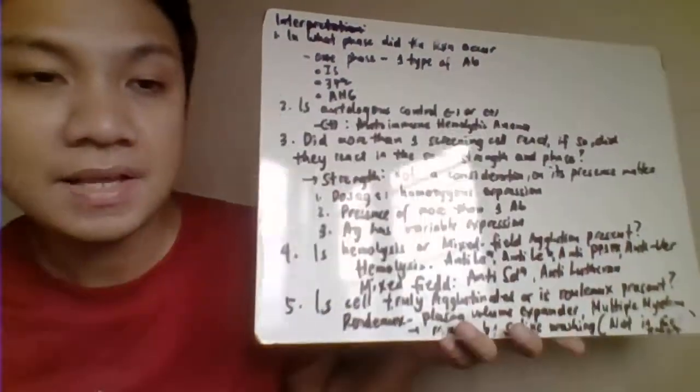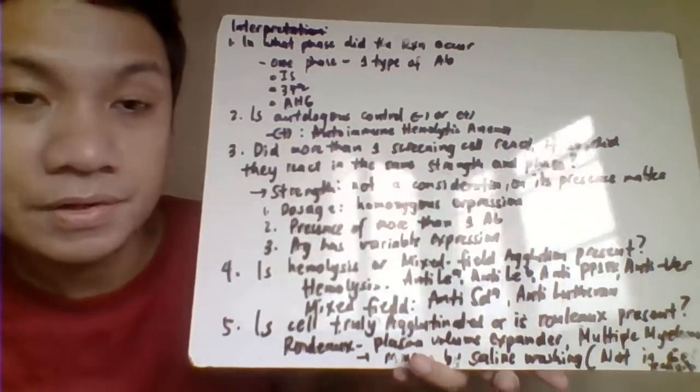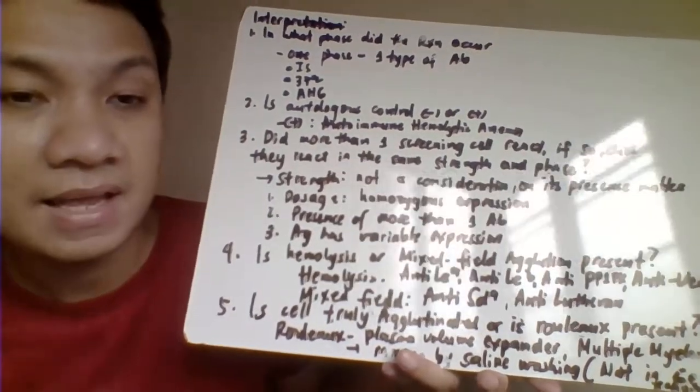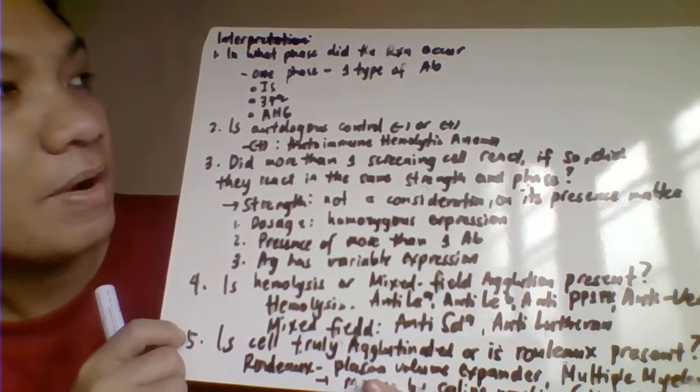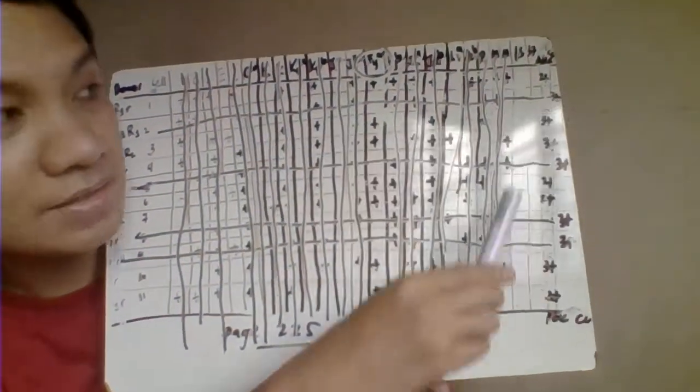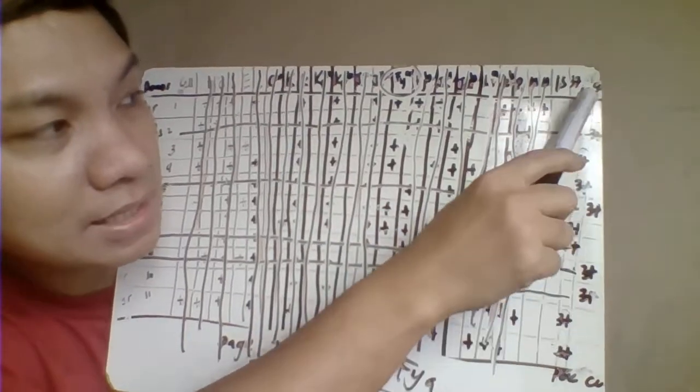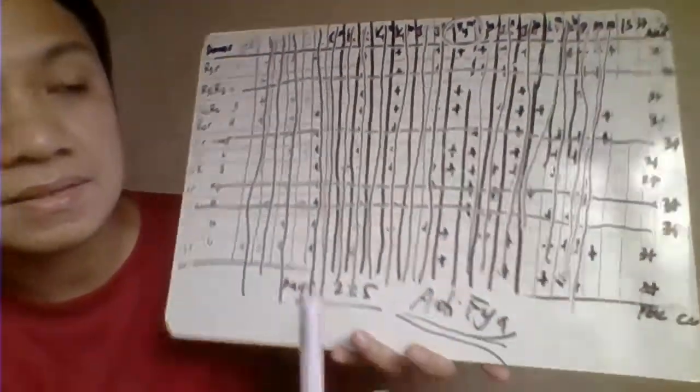Okay, then we have here some of the things that we need to consider in order for us then to identify our antibody. The first one, in what phase did the reaction occur? Okay, so in our case, we have here the 3 phases. So most likely dito siya sa anti-human globulin phase. So what would be the meaning of that?